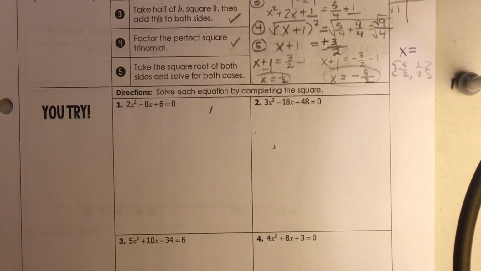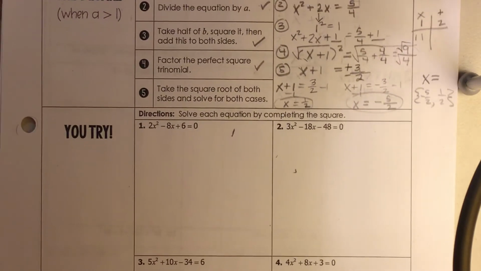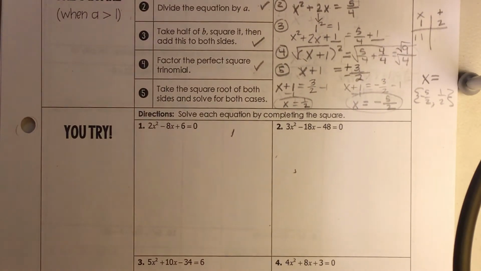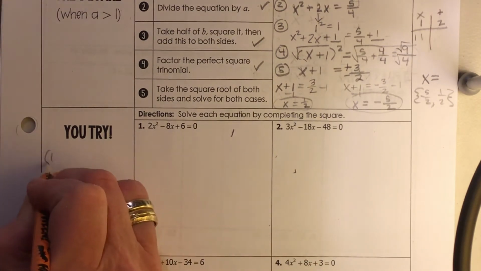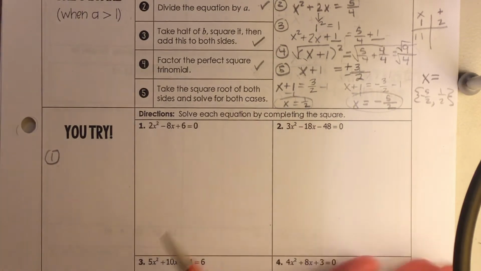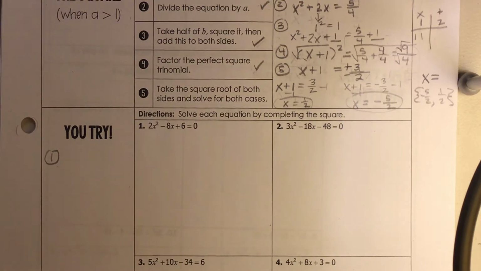Number 1. So let's try to remember all these steps. So remember, if you write yourself some notes over here just to remember what the steps are, you'll remember it better. So the other day, I think I wrote some kind of cheat sheets for myself.